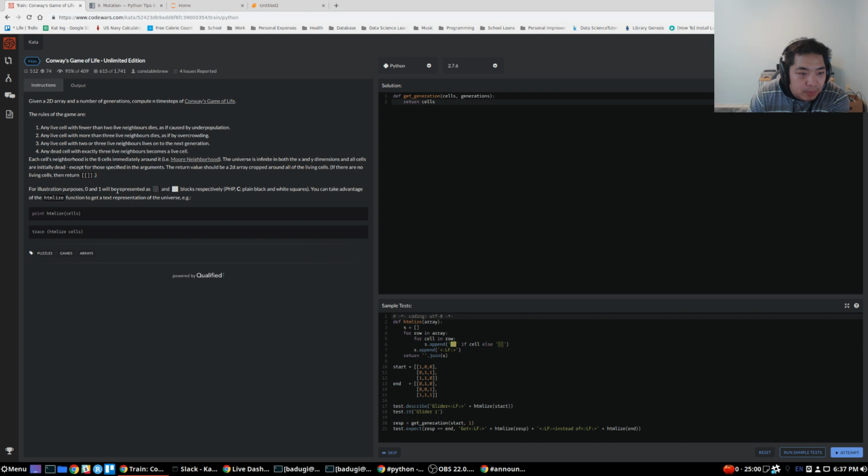For illustration purposes, 0 and 1 would be represented as these blocks respectively. And then you can take advantage of the HTMLize function to get a text representation.